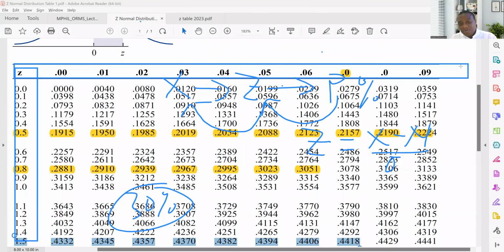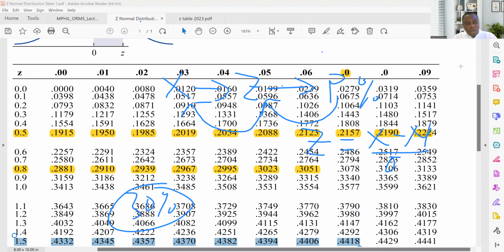So if I know a particular probability, I can trace it to the left and find the corresponding Z, and then trace it to the top and find the corresponding Z. So if I get a percentage like 37 point something to 9%, I can say that corresponds to a Z value of 1.1 under 4, so the value will be 1.14.